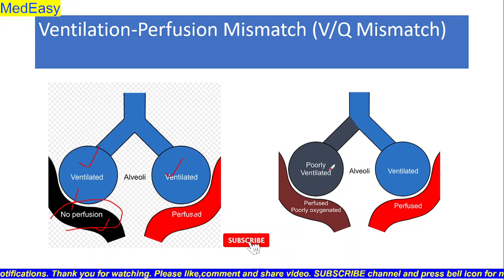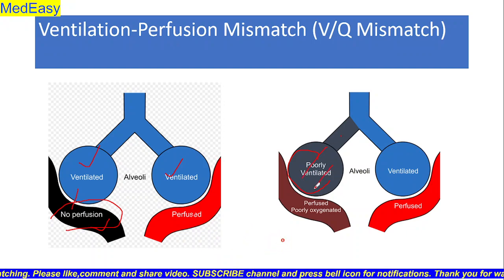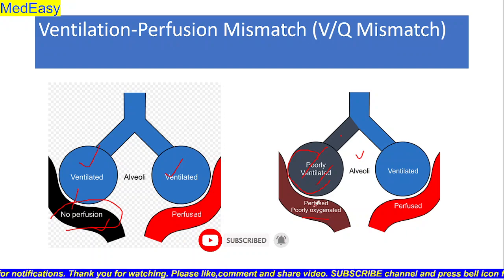Here we can see this alveolus is poorly ventilated. For example, if there is an infection or this alveolus is filled with pus or some infective process, it will not be available for gaseous exchange, ultimately leading to ventilation-perfusion mismatch. Also, if this alveolus is poorly perfused because of some disease condition, where the flow is sluggish, in that situation also there will be VQ mismatch.